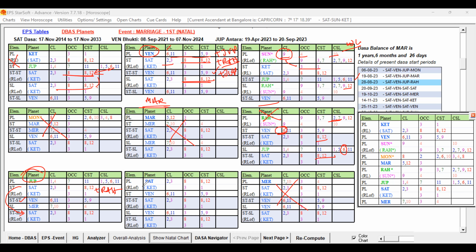Then what comes next is Saturn. Saturn is 2, 1, 3, and star level is fine. Sub level also fine. And the 2A level planet is having this 8 and 12, 8 and 12 also repeated. But the source itself is having some weakness, and the star level having this 6 lord, 11, and these ones.